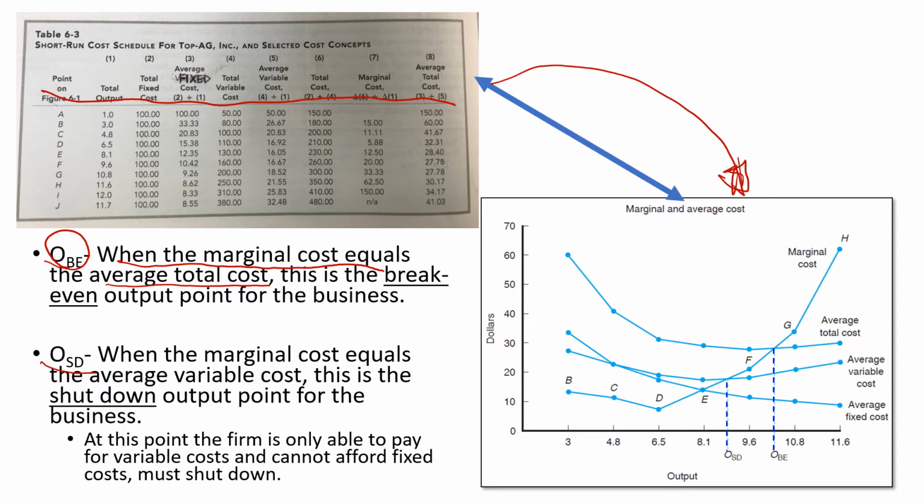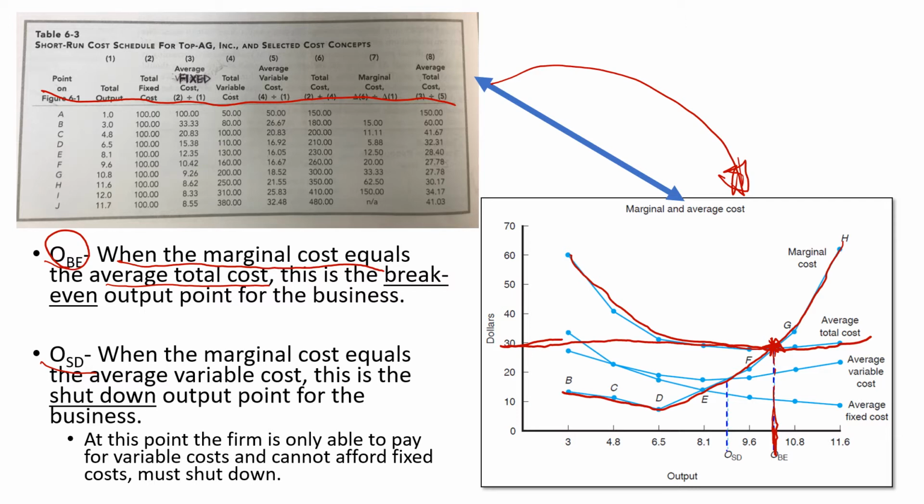So if we look at the marginal cost curve, this is the marginal cost curve right here. And when that equals the average total cost, here's the average total cost right here, this is the break-even point. This means that at this point, if we follow it down, this would be the level of output, and if we follow it across, this would be the price of the product.